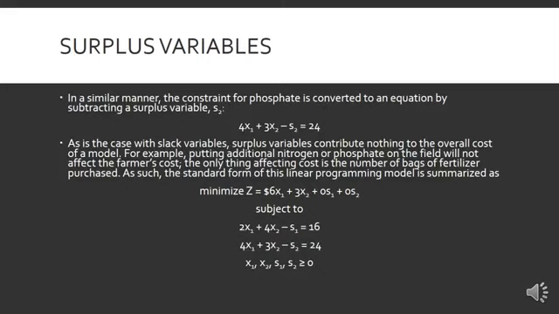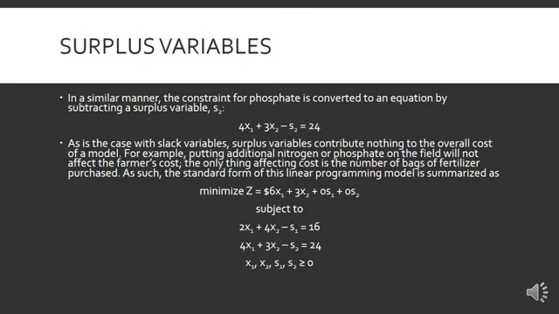So, as is the case with slack variables, surplus variables contribute nothing to the overall cost of a model. Okay? For example, putting additional nitrogen or phosphate on the field will not affect the farmer's cost. The only thing affecting cost is the number of bags of fertilizer purchased.